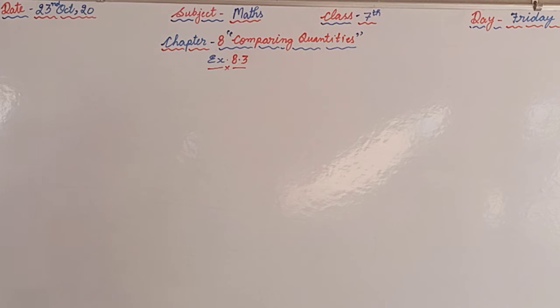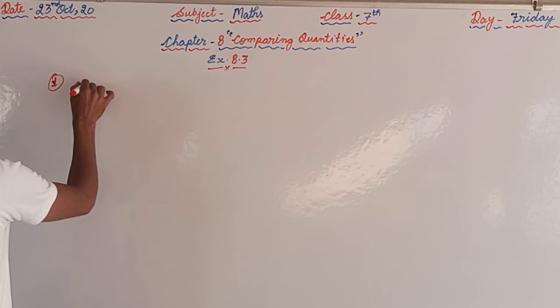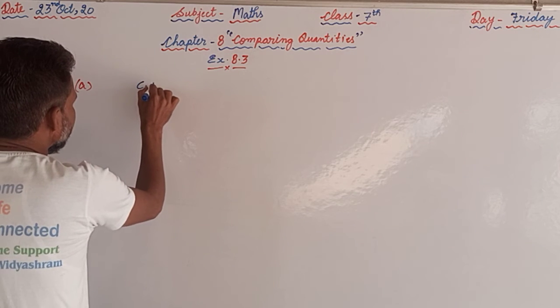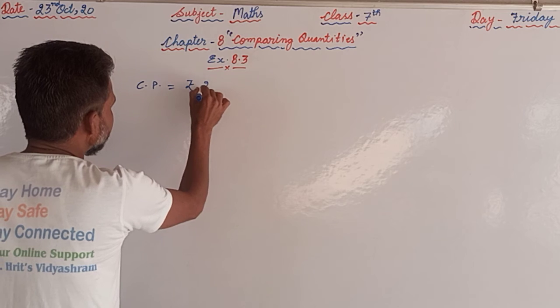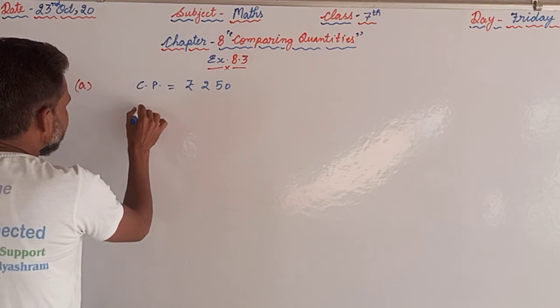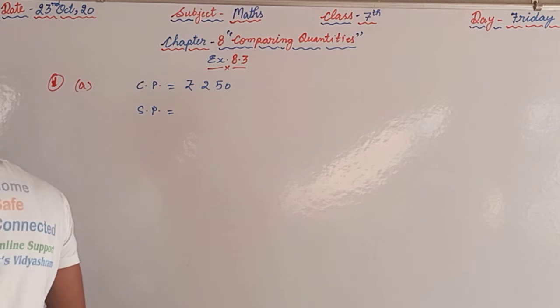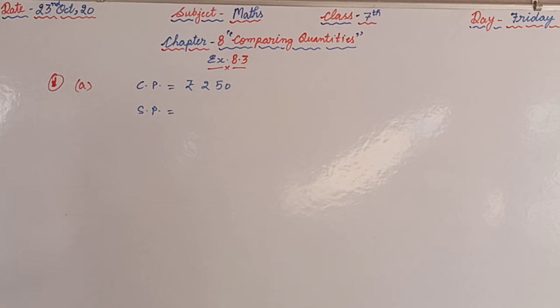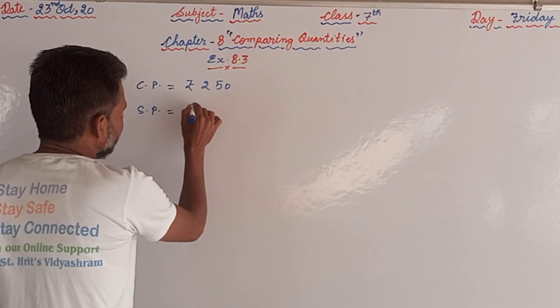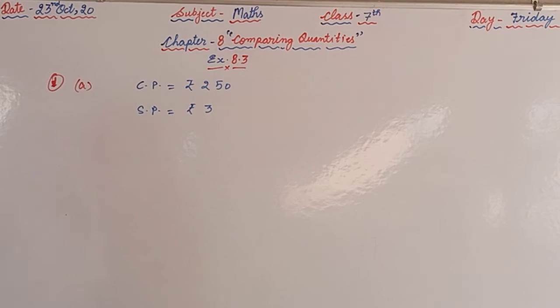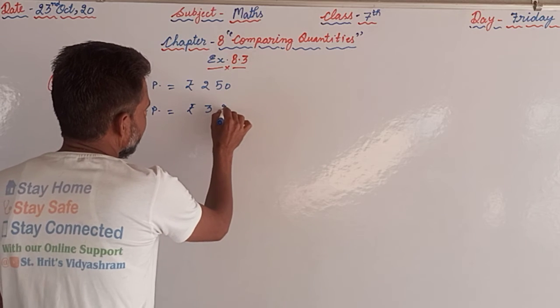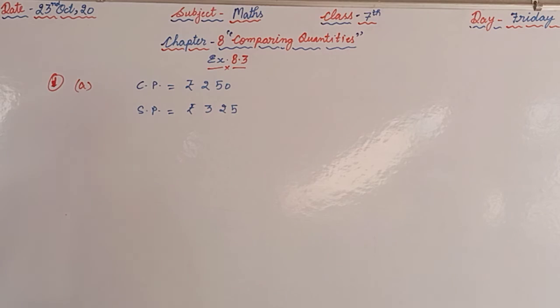So in the first part, gardening shears bought for rupees 250 means the CP, the cost price, what we have paid, is 250, and the selling price at which we have sold it is 325 rupees.